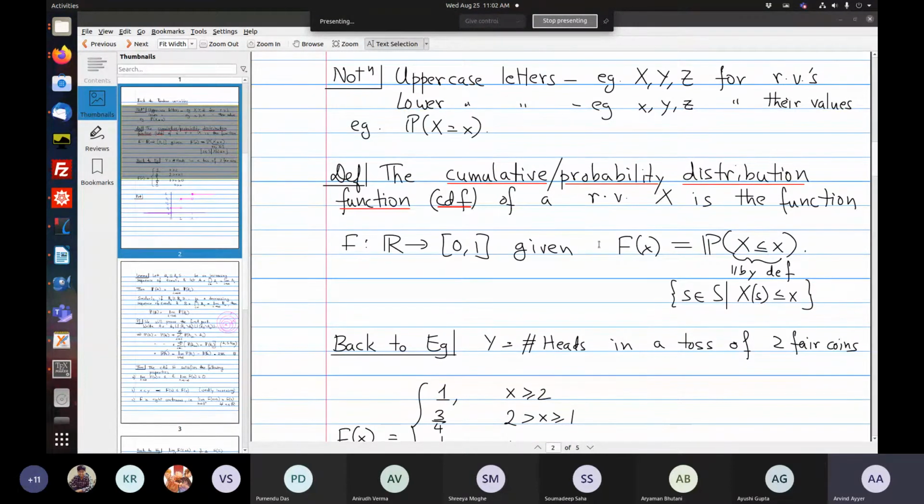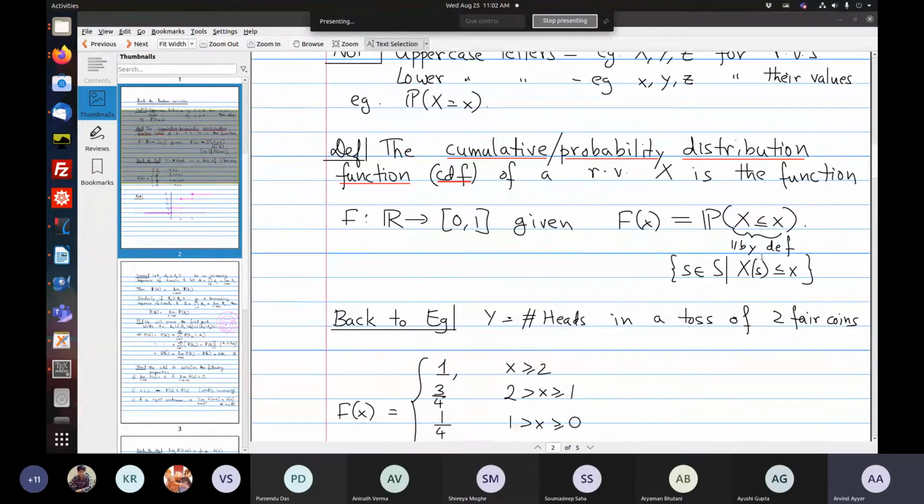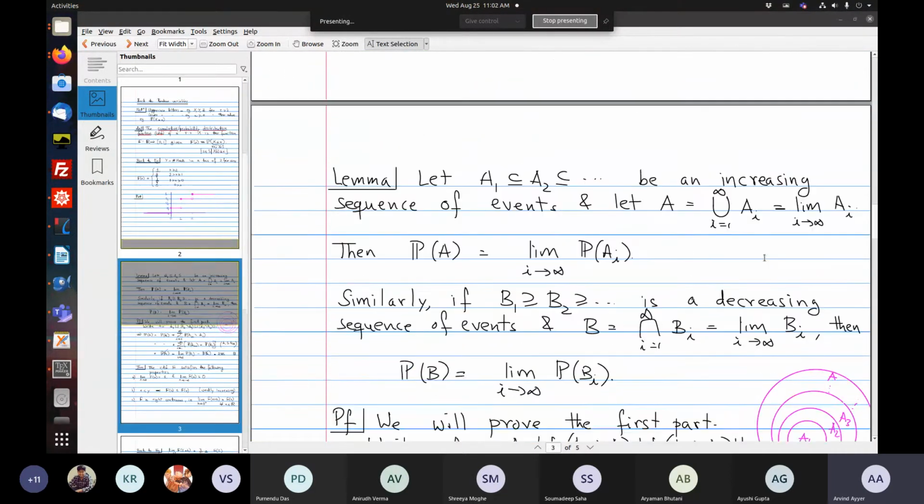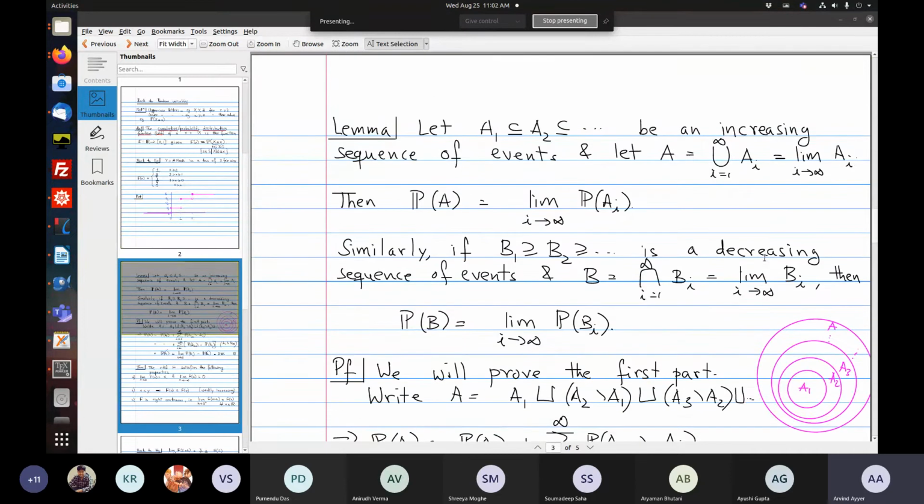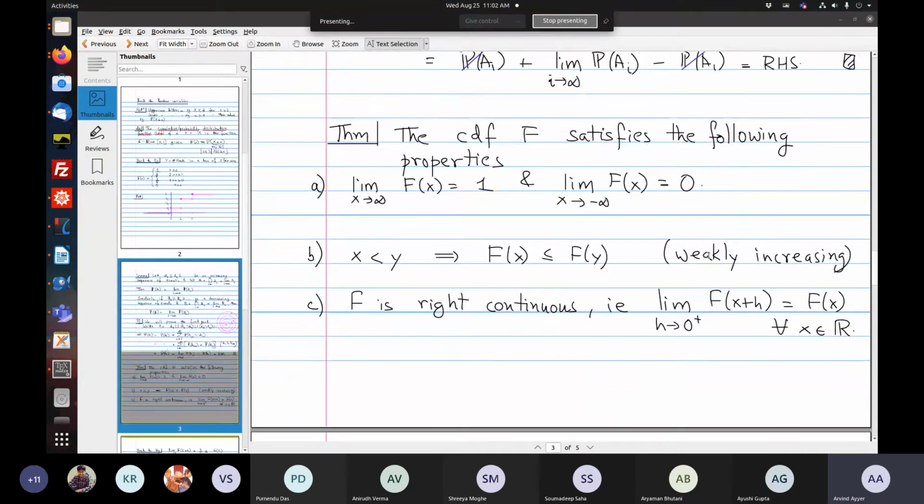So its value at some x is the probability that capital X is less than or equal to small x, for any x. And we gave some examples, and we proved this important theorem about the properties of the CDF.